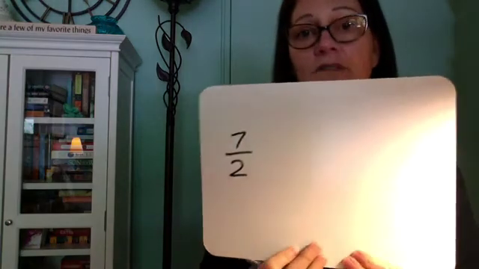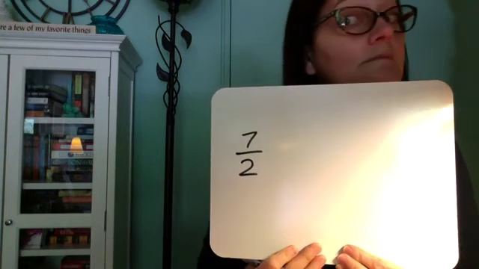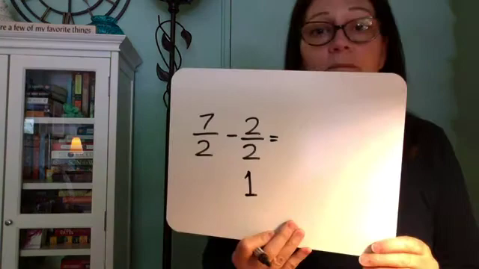Let's take that 7/2. How many halves do you need to make 1? Yes, you need 2 halves to make 1. So, if I subtract out 2 halves, that's equal to 1. I'm going to take that one out. And how many do I have left? I have 5 halves left.